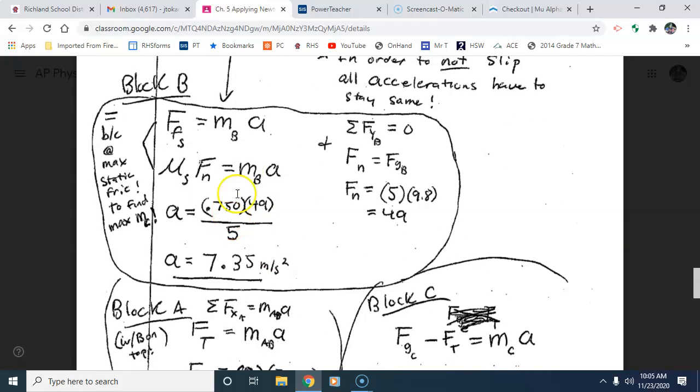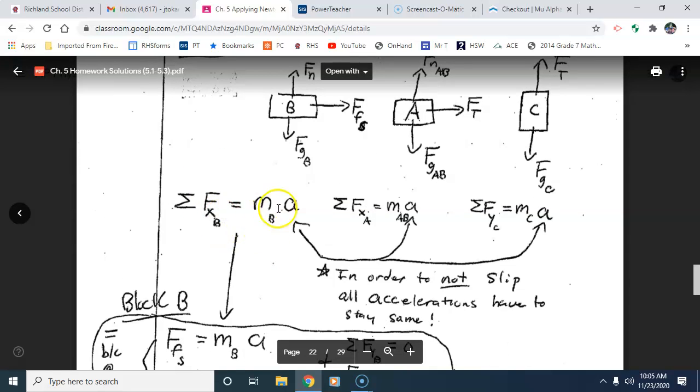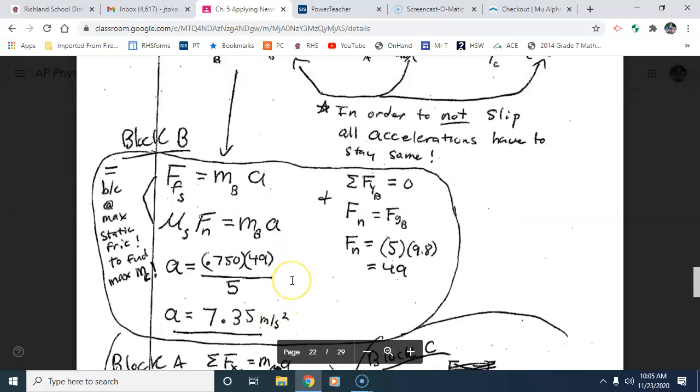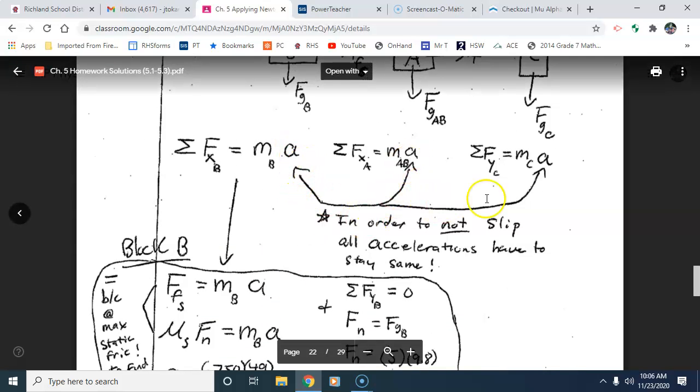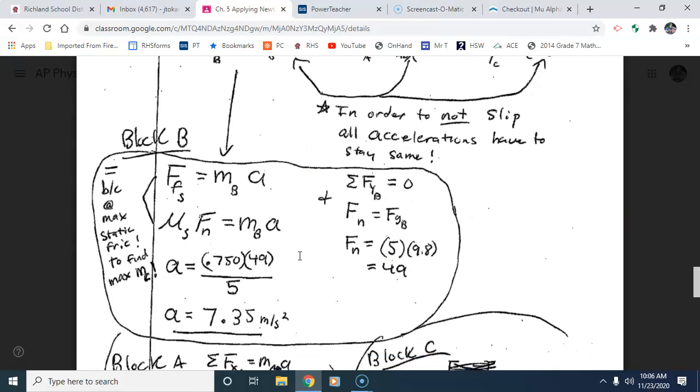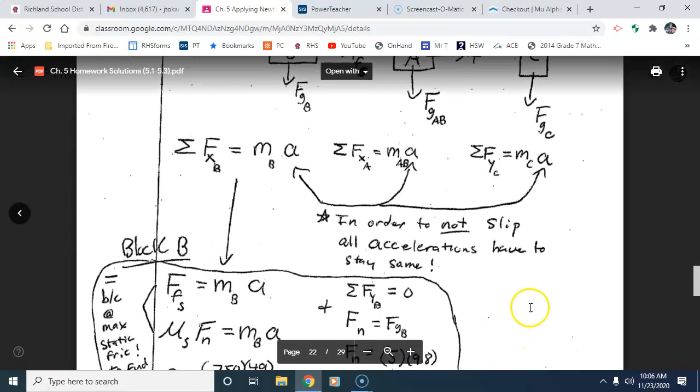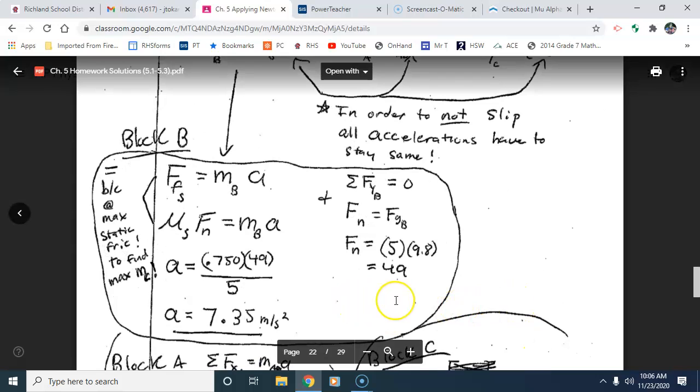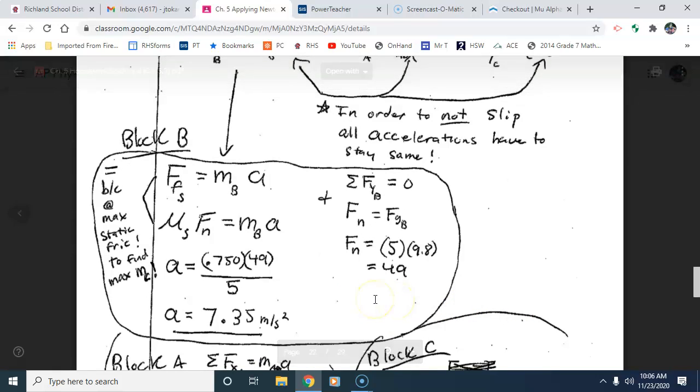And the normal force is the weight of block B on this one, because it's the top block. So when we plug all that in, we have enough information just from Newton's second law on block B to find the acceleration of the system. As we pointed out, that acceleration occurs everywhere we see it in any other equation because the system's all connecting. Now let's go to block B on the y-axis.